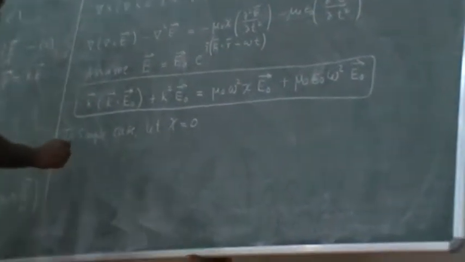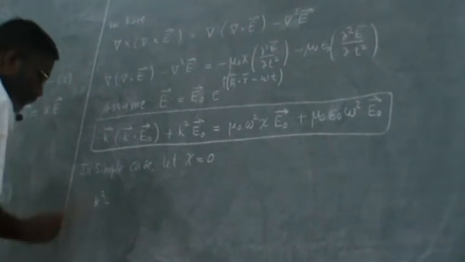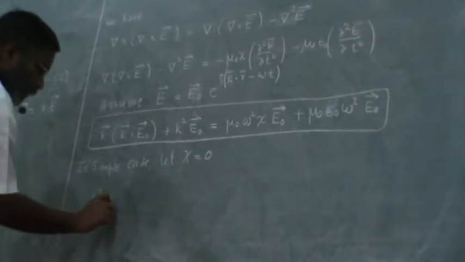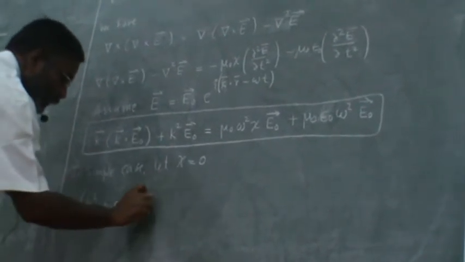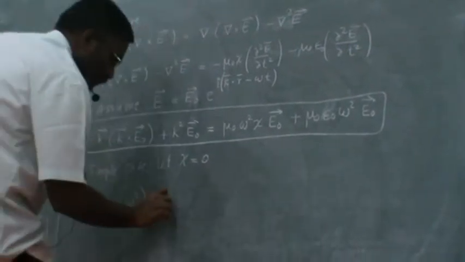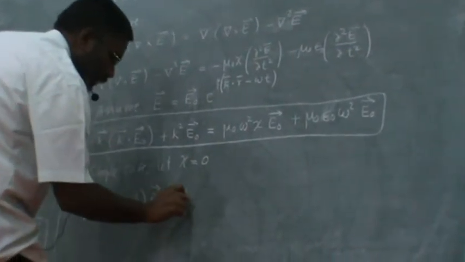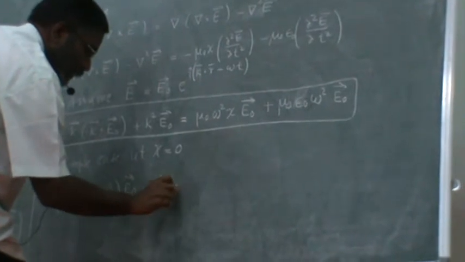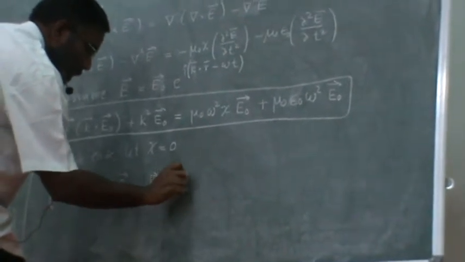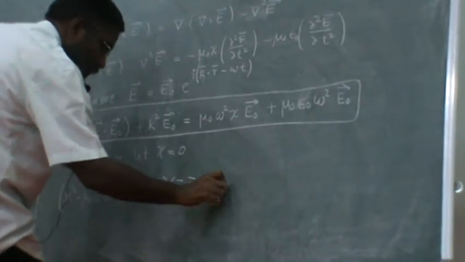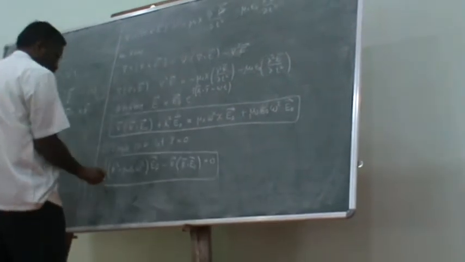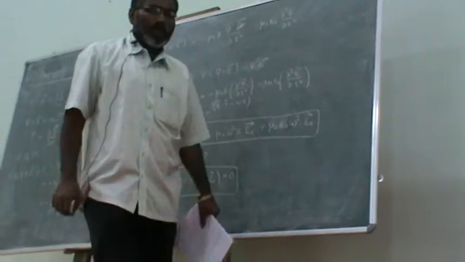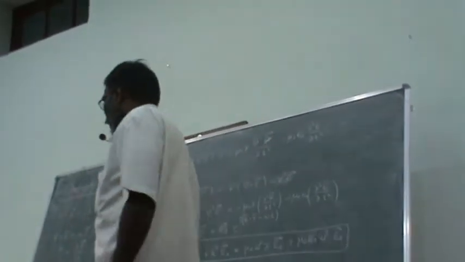Then I will have (k square minus mu naught epsilon naught omega square) into E0 minus k times k dot E0 is equal to 0. This is the simplest equation, if I don't have any material. What kind of solutions does this equation have?